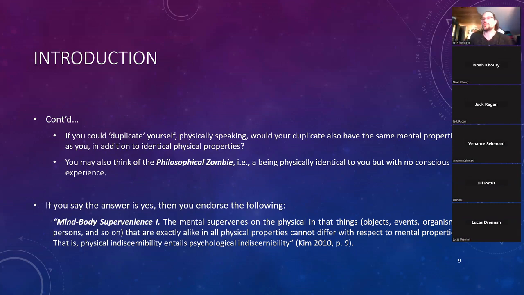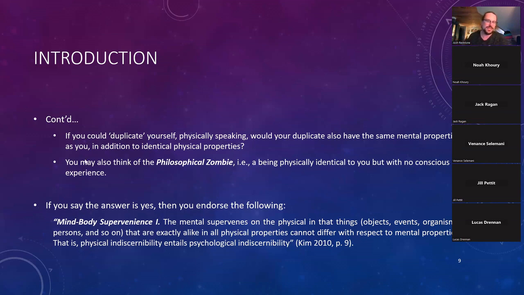If you can imagine such a creature, and that's conceivable to you, then you think that consciousness is something special. You're probably a dualist of some kind, right? But if you don't think that's possible, if you think that a creature that's identical to me or you in every way physically must also be mentally identical, then you endorse supervenience.